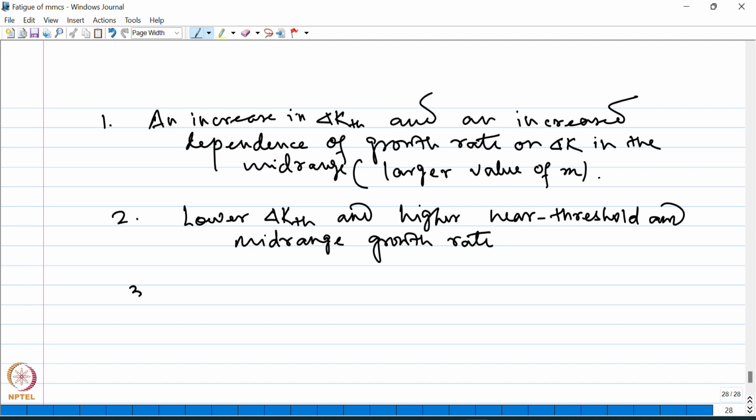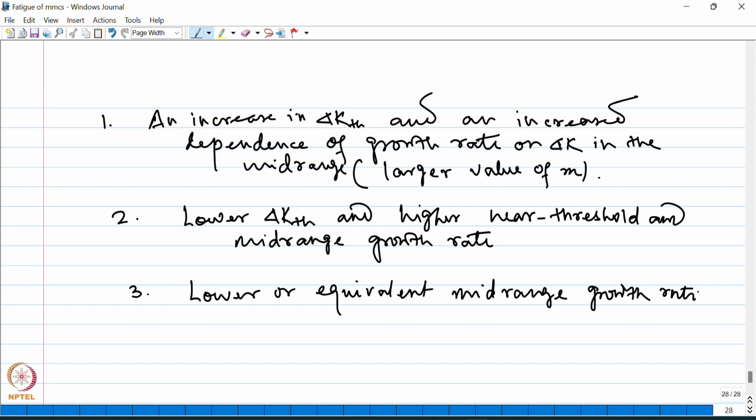And number three, lower or equivalent mid-range growth rates, and lower delta KTH. So we are going to take examples of each of these three situations.